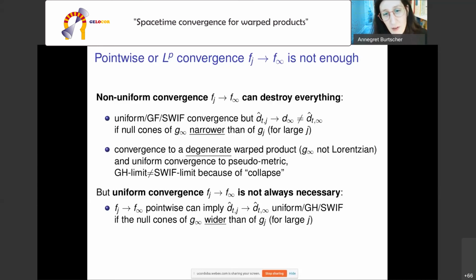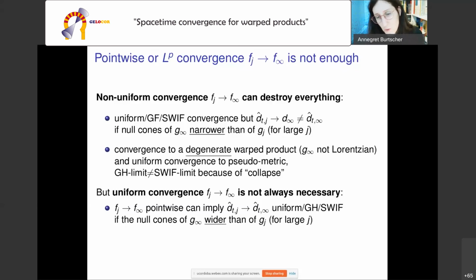So we still have the convergence, but not to a metric in the uniform sense. In the Gromov-Hausdorff and Sormani-Wenger intrinsic flat sense, although these limits exist, they are actually different. So there is some kind of a collapse. So you can either have that the limits don't exist, or they're different, or they're not the ones that you expect.